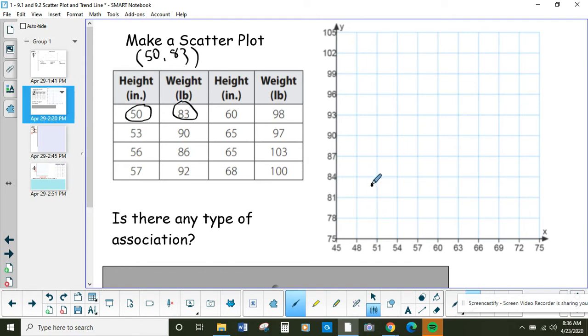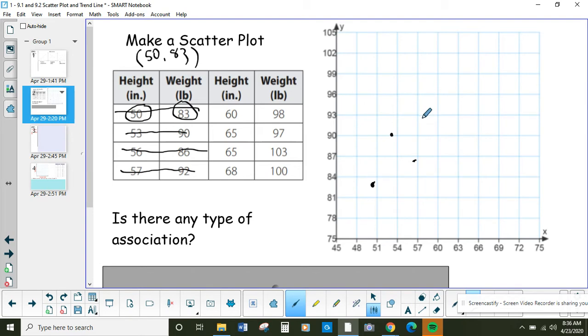That's how I would plot this point right here, okay? And then if I do 53, 90, I go over to about 53, up to about 90. Doesn't have to be perfect, right? Close enough. We'll get the idea. So I plotted that point. Then 56, 86, over to 56, up to where 86 would be about, and make that point.